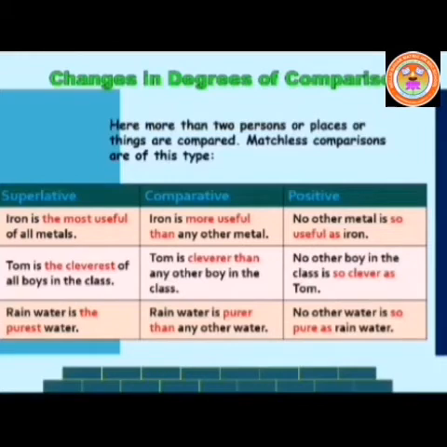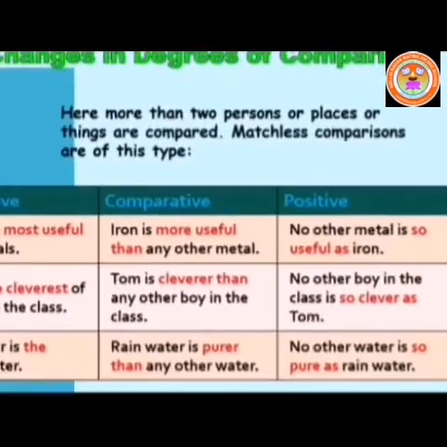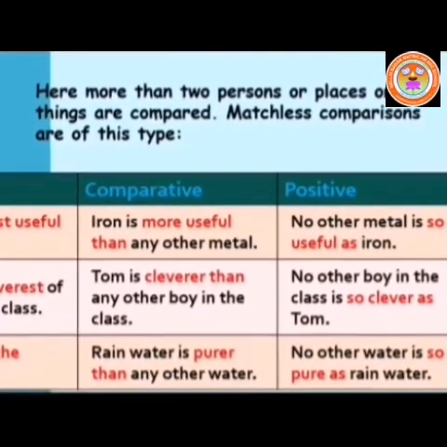Now let us go to the transformation. How the positive can be changed to comparative and to superlative. Here more than 2 persons or places or things are compared. In this condition, matchless comparisons are of this type.